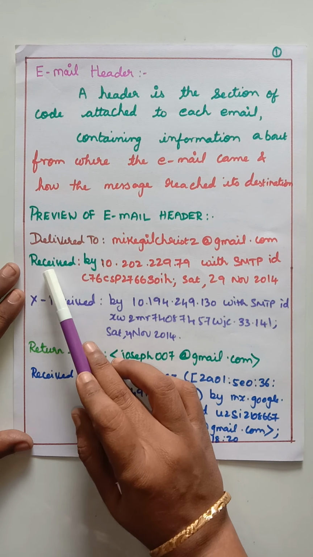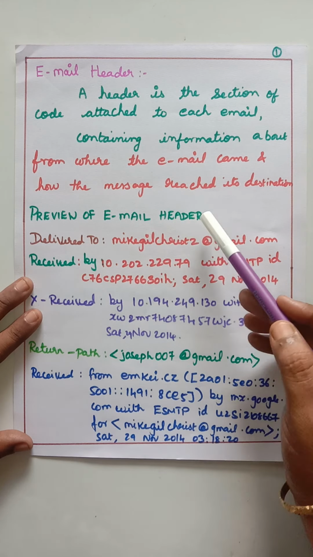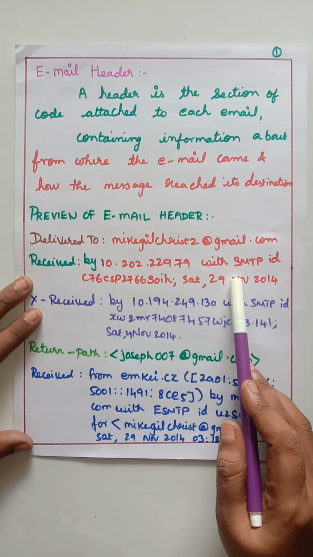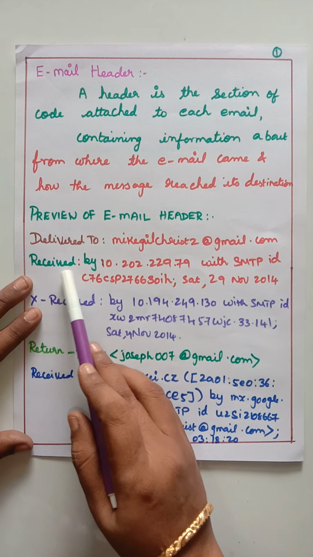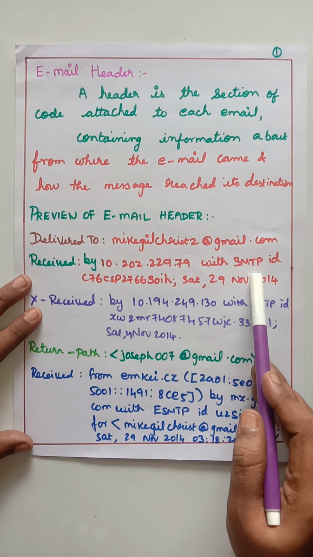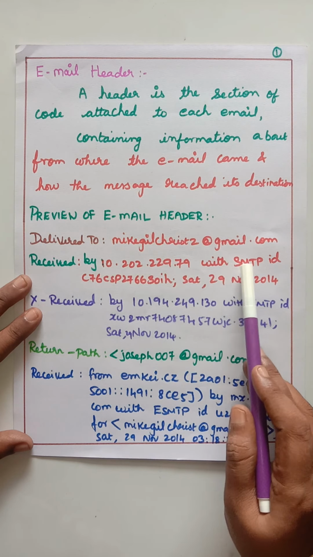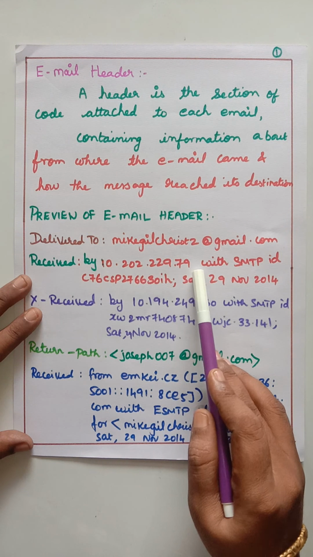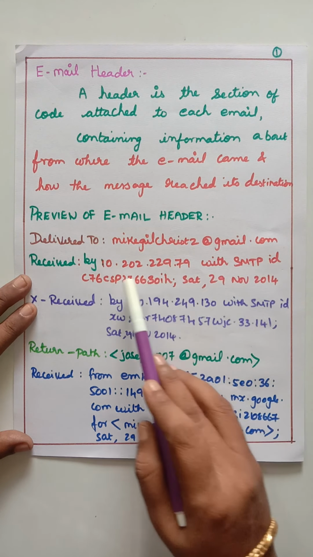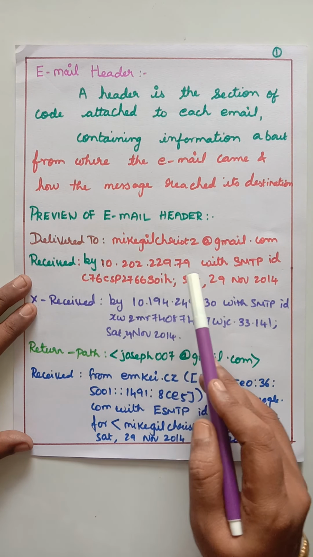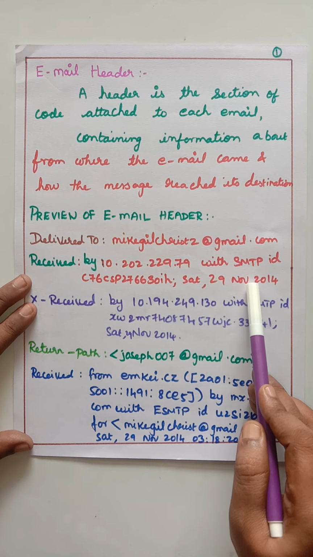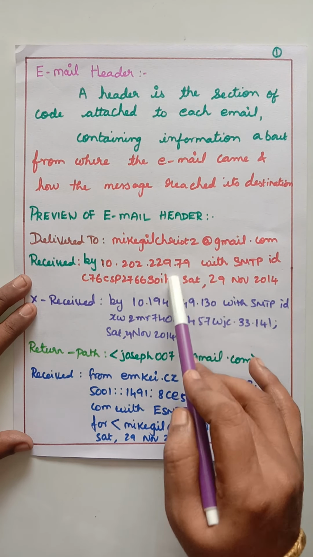Received by whom? This source 2, through what? SMTP ID. This is mainly meant for SMTP ID, that is this portal address with SMTP ID, on 29 November 2014. The day is Saturday.